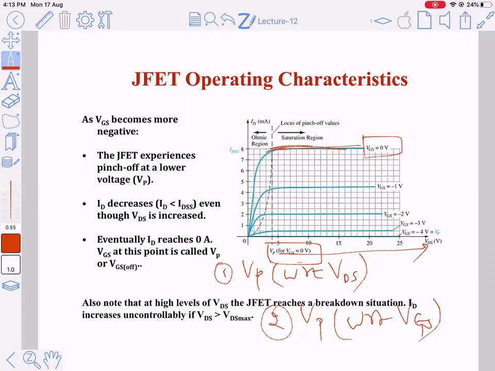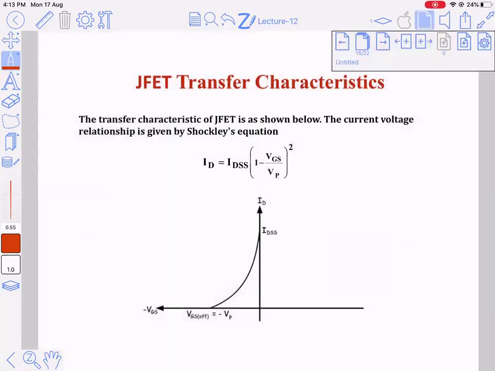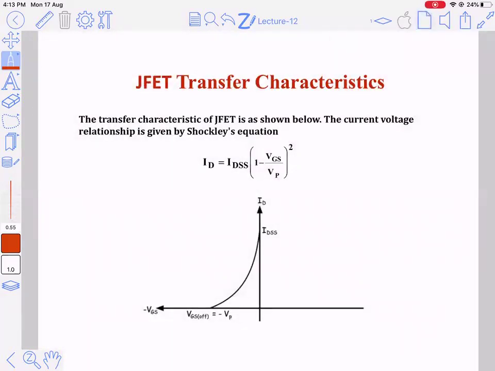And the second definition with respect to VGS: the value of VGS at which drain current becomes 0 for a constant VDS is called pinch off.